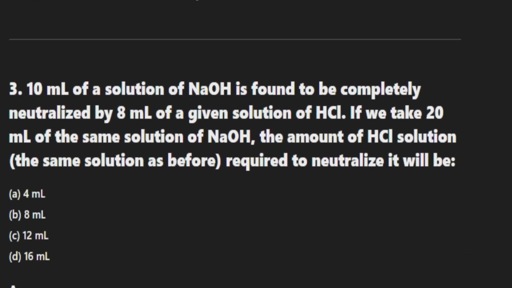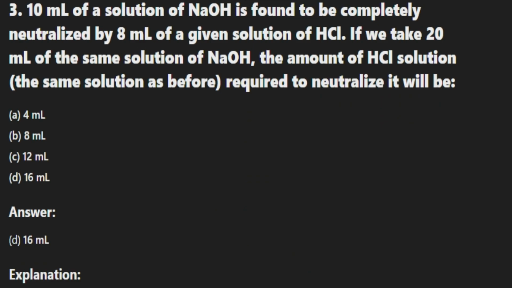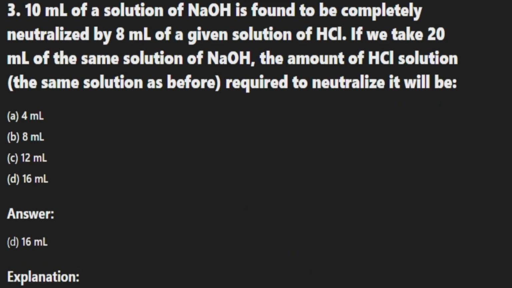3. 10 ml of a solution of NaOH is found to be completely neutralized by 8 ml of a given solution of HCl. If we take 20 ml of the same solution of NaOH, the amount of HCl solution, the same solution as before, required to neutralize it will be A) 4 ml, B) 8 ml, C) 12 ml, D) 16 ml.